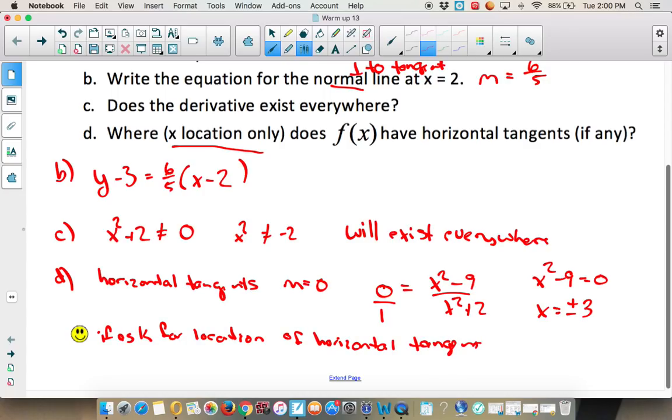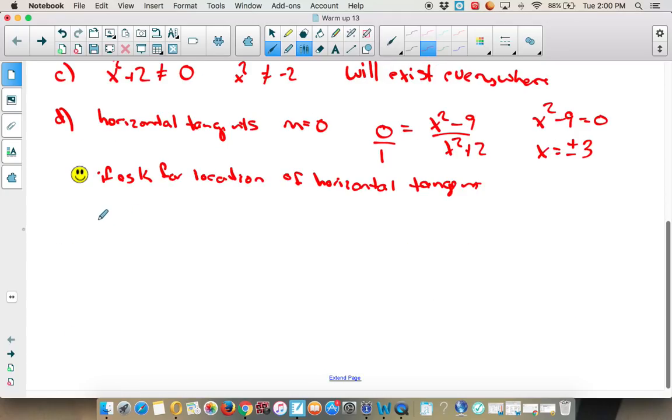The way that works is you find where the derivative equals 0 and then find the x value.